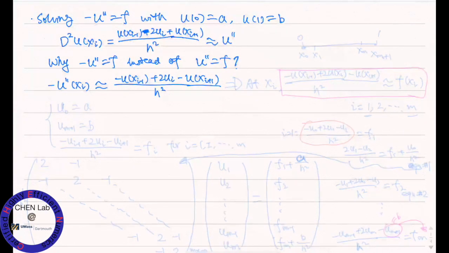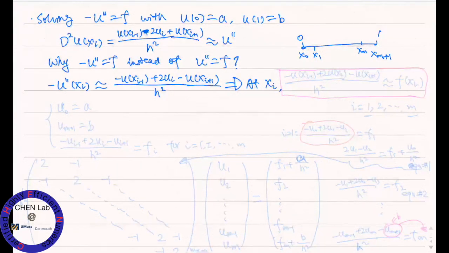And this means that if we have a grid, as we were talking here, we have 0 to 1. Here we have x0, x1, all the way to x(m+1). So here is xm.